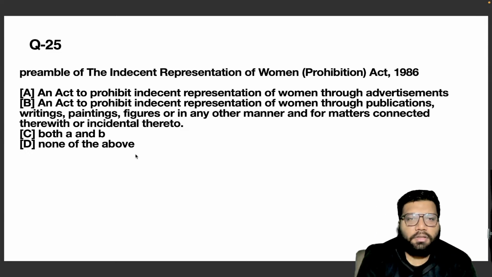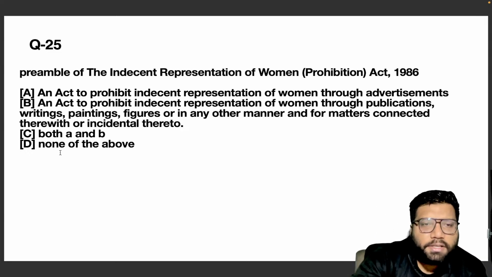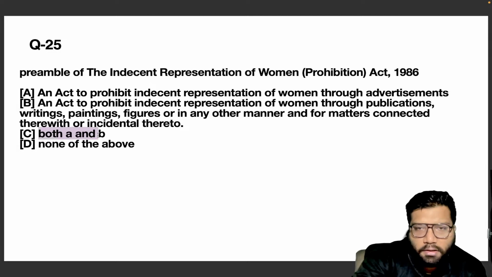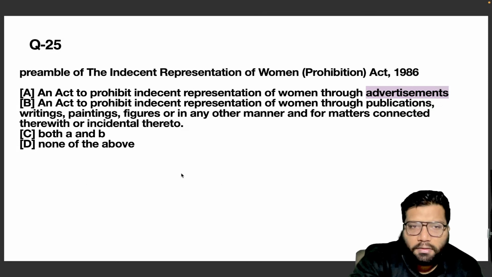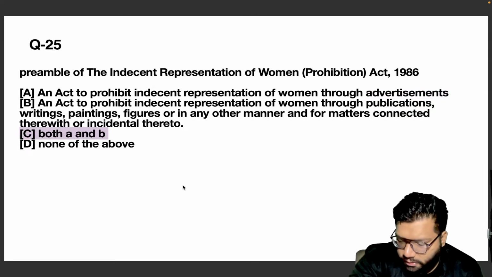Deepa, please correct yourself. The answer is going to be both A and B. So whether it is about advertisements, to prohibit advertisements which are showing indecent representation, or others, you can say publications, writings, paintings, figures, or in any other manner. So the answer is going to be C, both A and B.